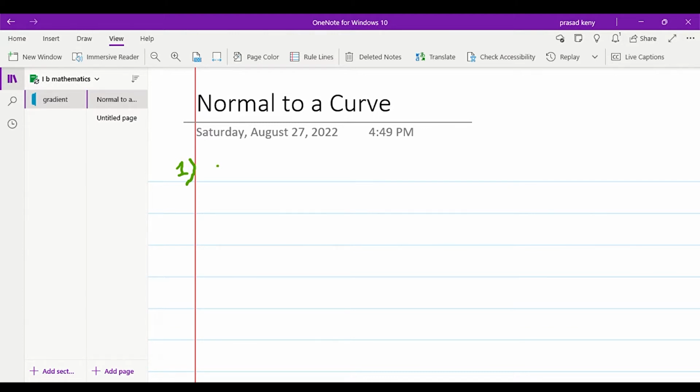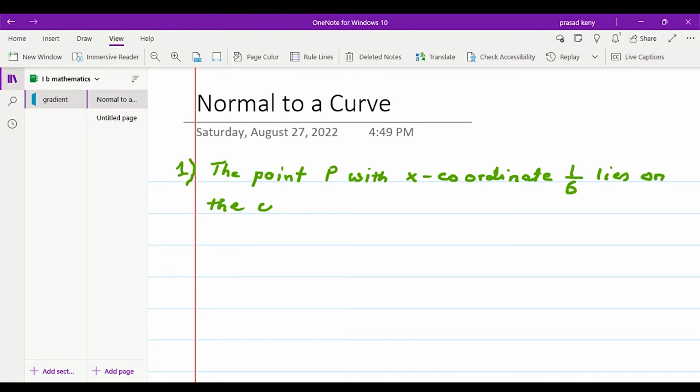The point P with x coordinate 1 upon 6 lies on the curve y is equal to 3x square.